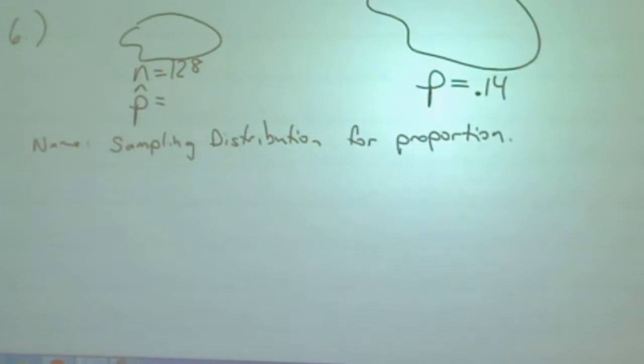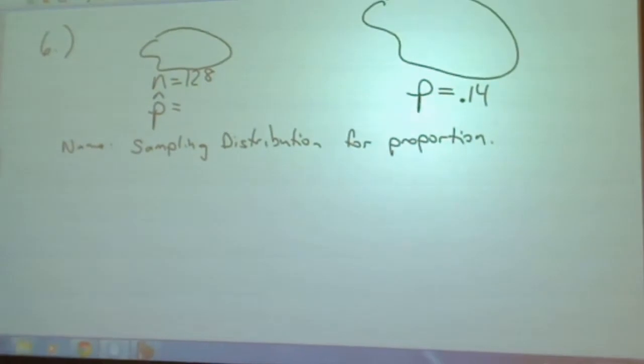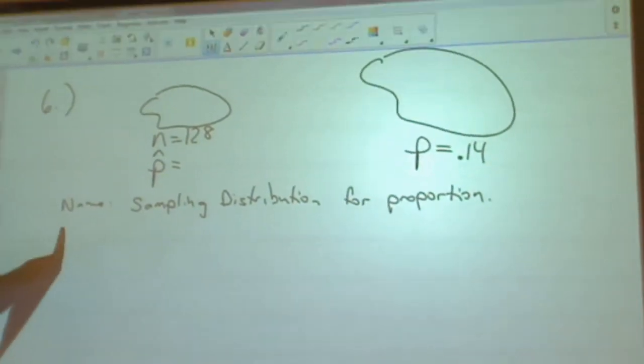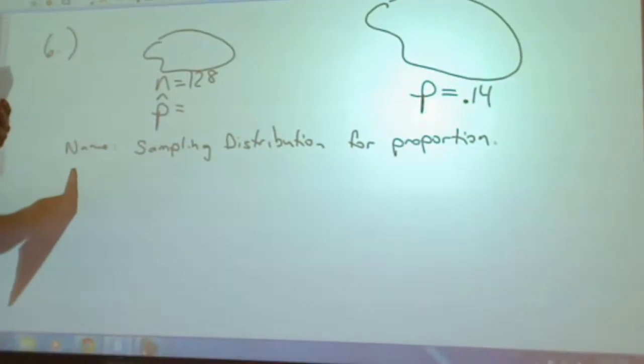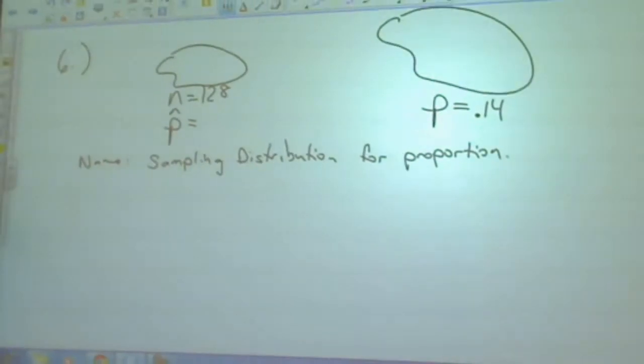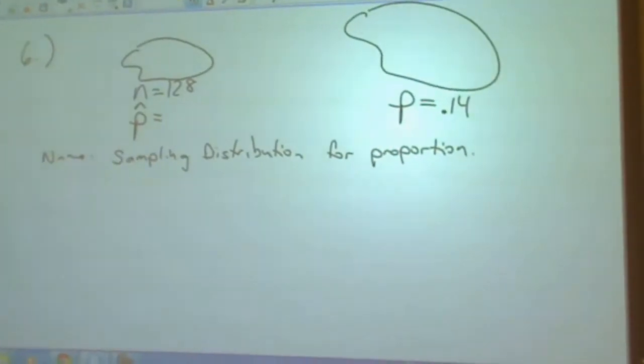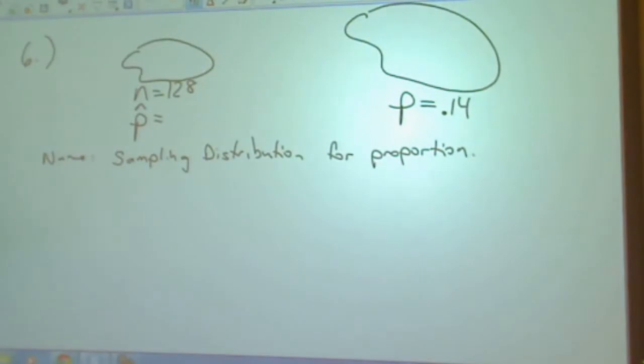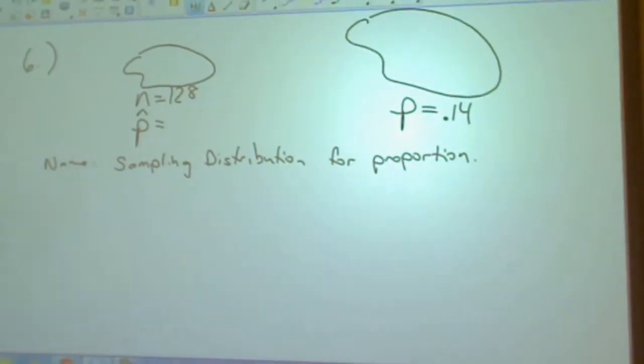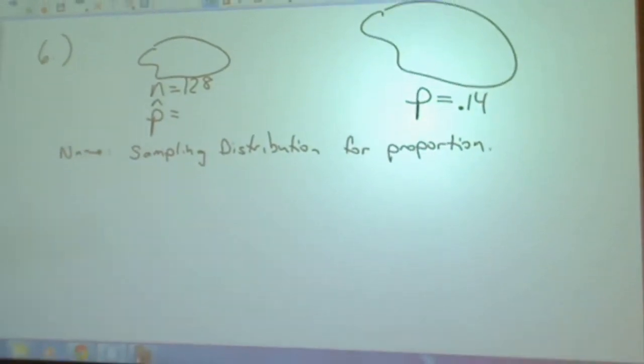That's a proportion problem. Or if it's a quantitative value, like a test score, it's not success or failure. Someone got a 50 on a test or they got a 20, that's quantitative. It's going to be something I'm going to take a mean value of.